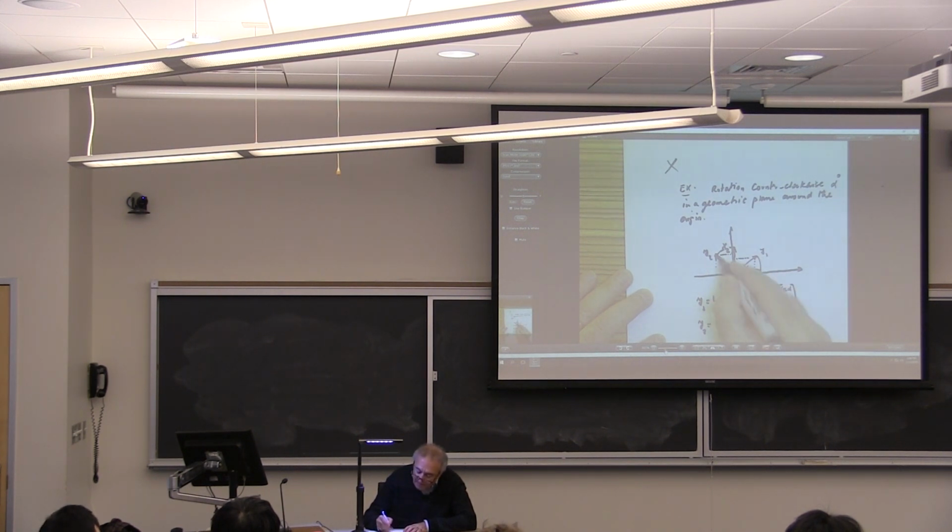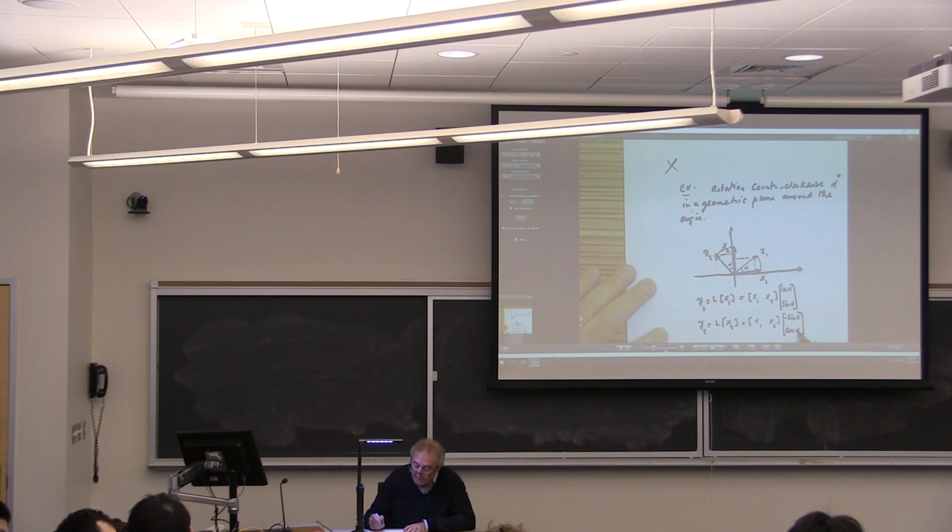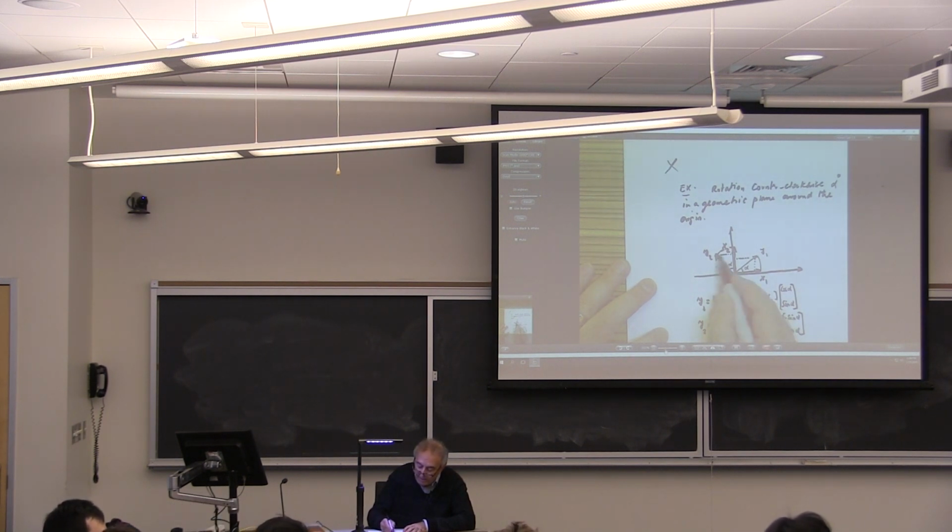If this is alpha, this becomes minus sine alpha, and the cosine alpha. Everybody can see that. So that's minus sine alpha, and this is the cosine alpha.